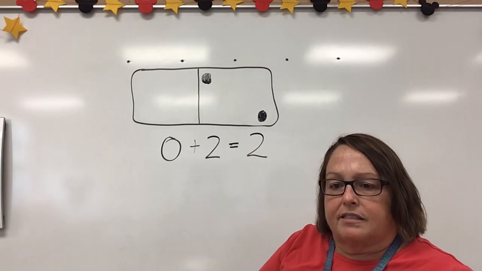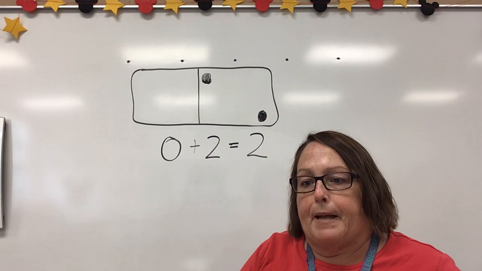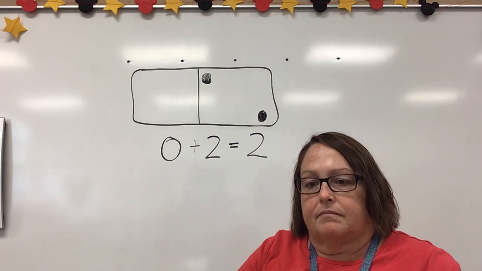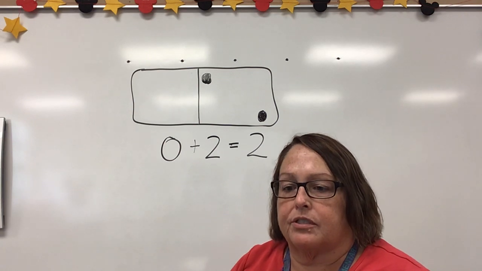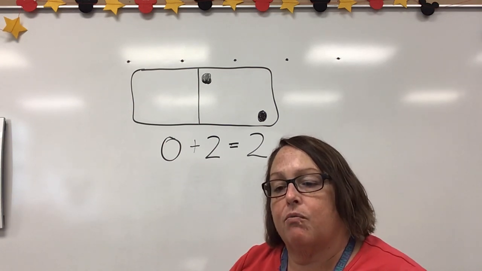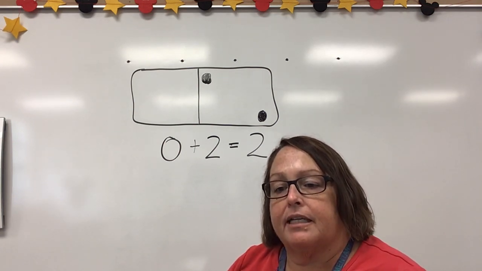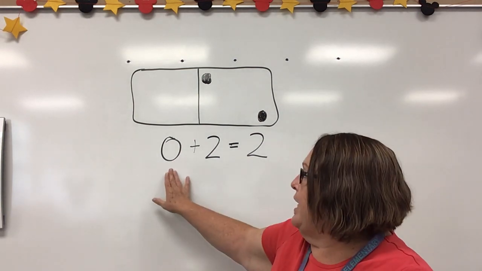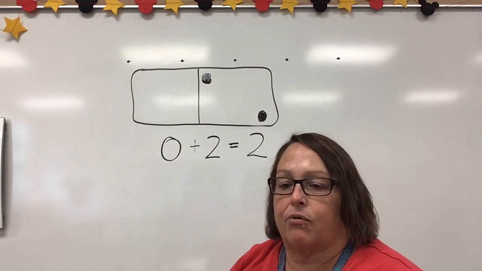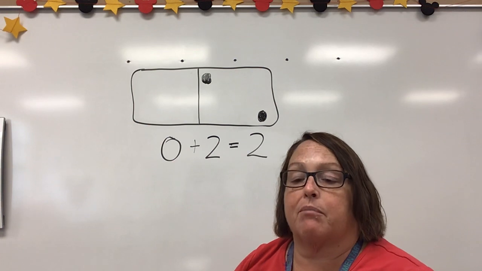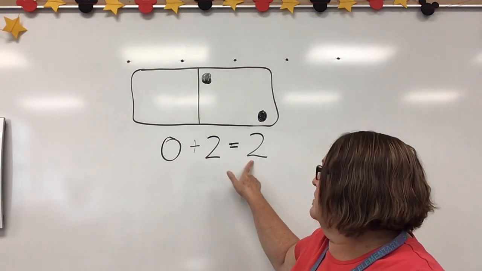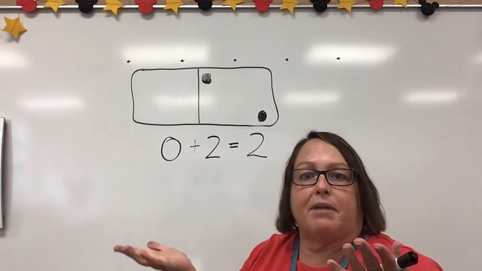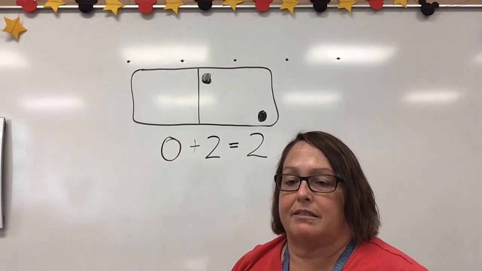Are you noticing something? Anytime one of our parts is a 0, what's happening? Anytime that we add 0 to any other number, the number stays the same because I'm not putting any more with it.